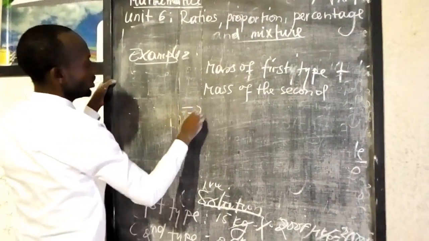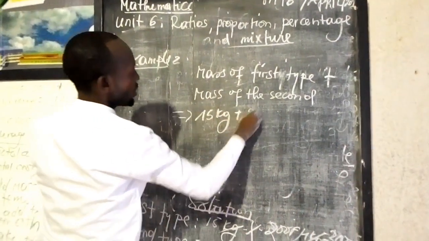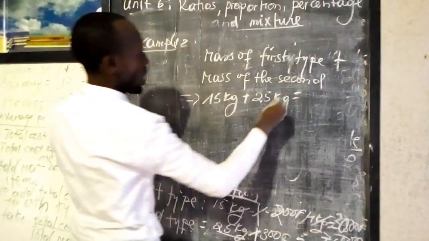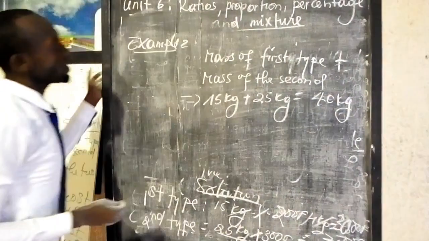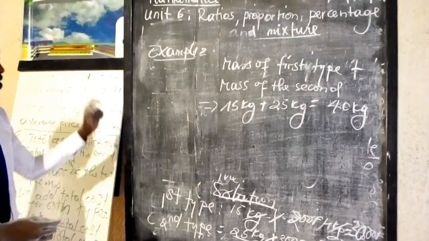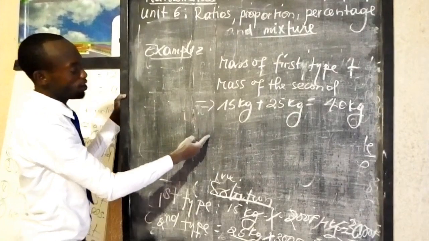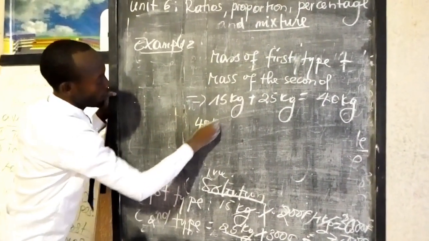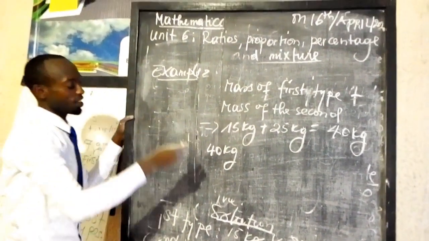Which is equal to 15 kilograms plus 25 kilograms, which make up a mixture of 40 kilograms. That is a mixture of red beans plus the mixture of white plus the second type of red beans. Now we are going to find 40 kilograms, which make up a mixture of the first beans to the second type.